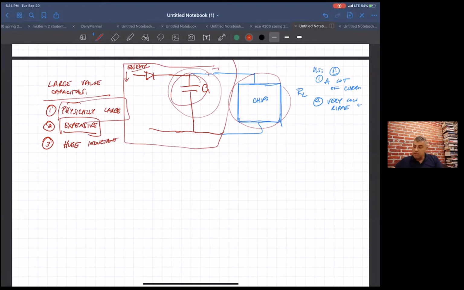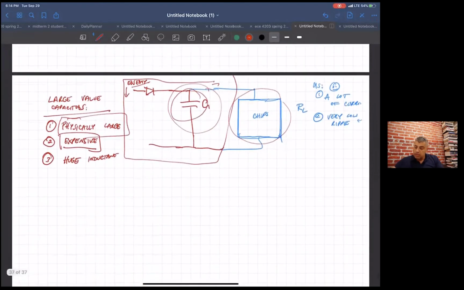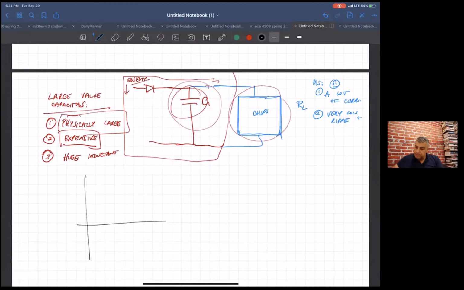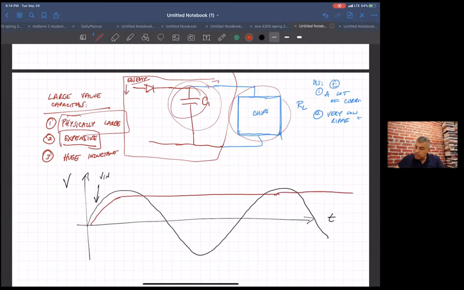And here's the way the different things can look. Again, redrawing this guy, that's my time axis and this is my V_N.